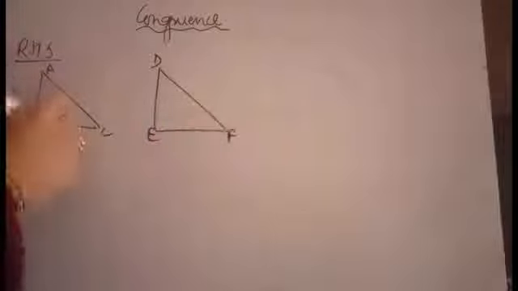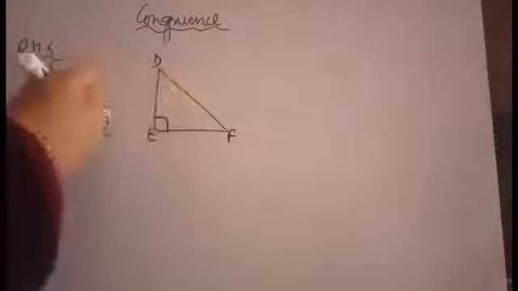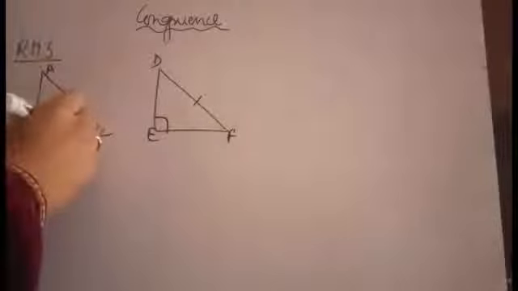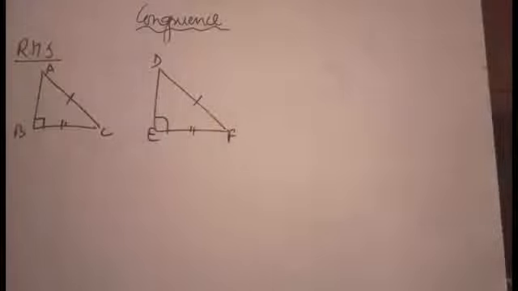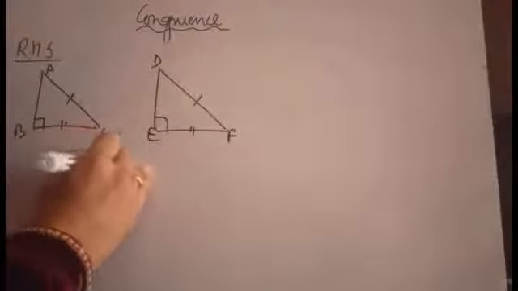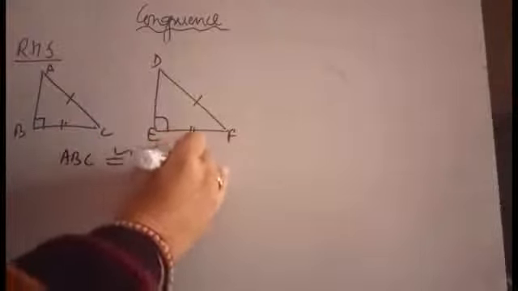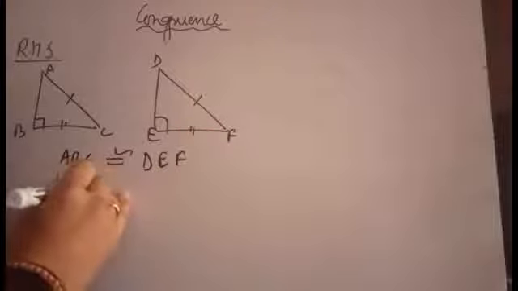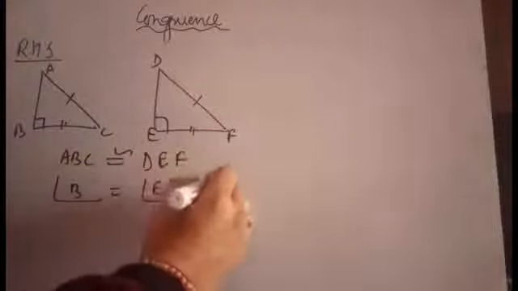After this we have RHS. What do we mean by RHS? You have two right angle triangles, A, B, C, D, E, F. R means the right angle, H means the hypotenuse, and S means any one of the other two sides. If they are equal to each other, they correspond to each other, then the triangles are congruent. So ABC here is congruent to DEF if angle B is equal to angle E is equal to 90 degrees.